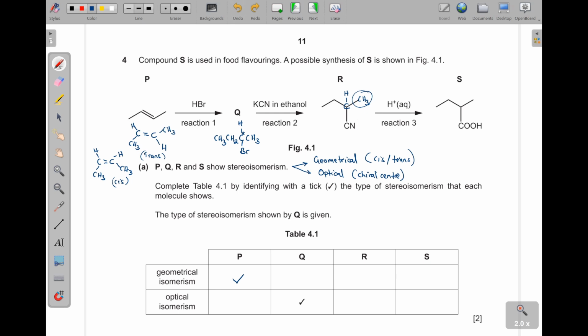So because of that chiral center, even this one will have optical isomerism. How about S? Even this one has a chiral center. This group is far different from this one here, and there is a hydrogen silent there. So it is the same thing. We shall also put a tick there.